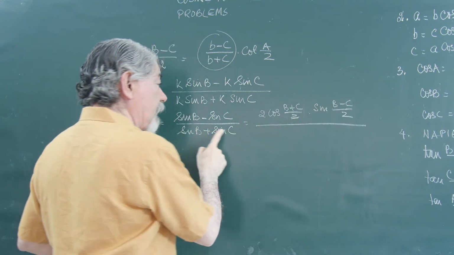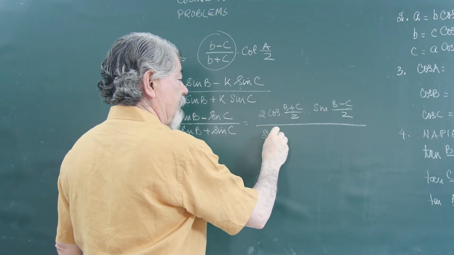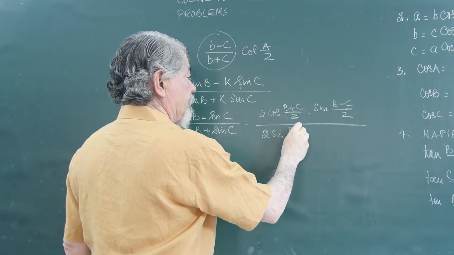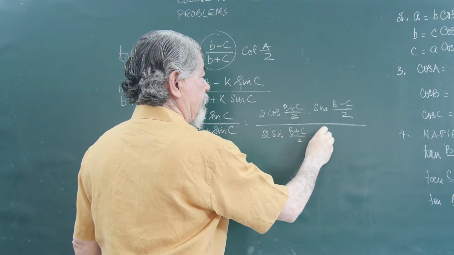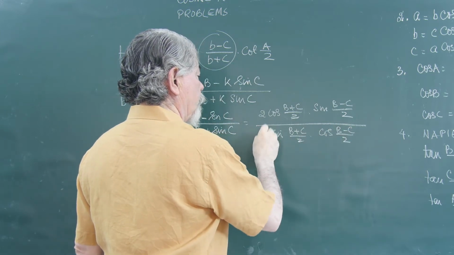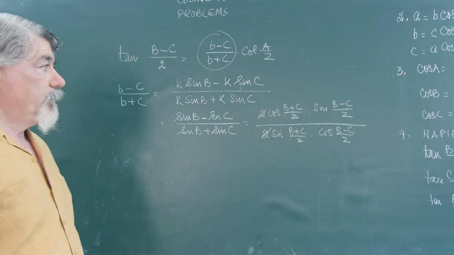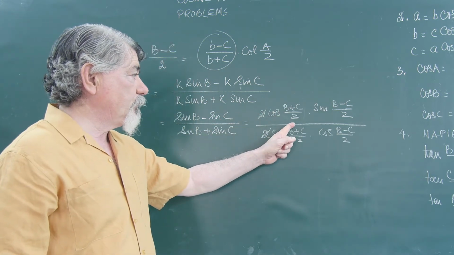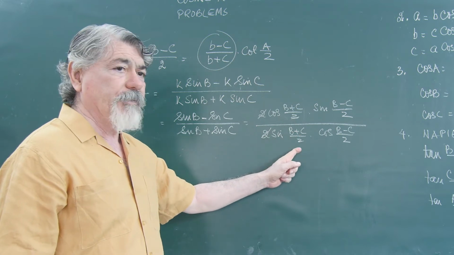When it was plus, then the first was sine (B plus C)/2, and then cos (B minus C)/2. 2 will cancel here. Cos (B plus C)/2 upon sine (B plus C)/2.